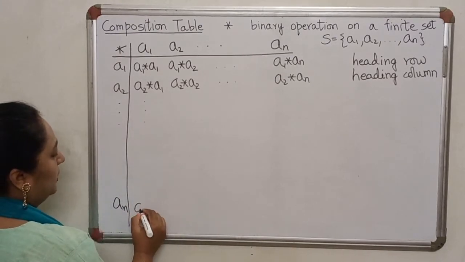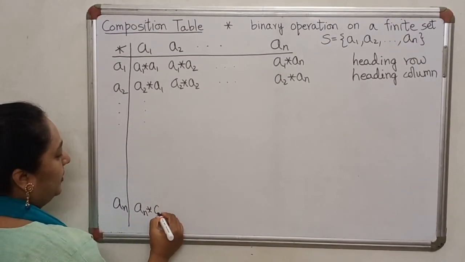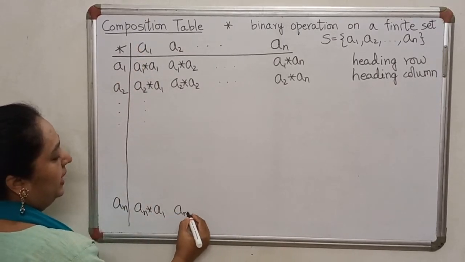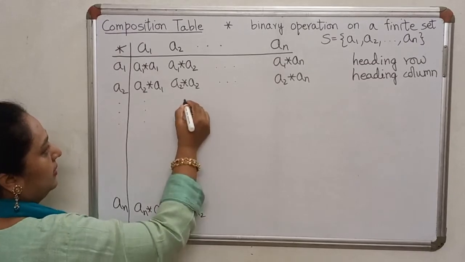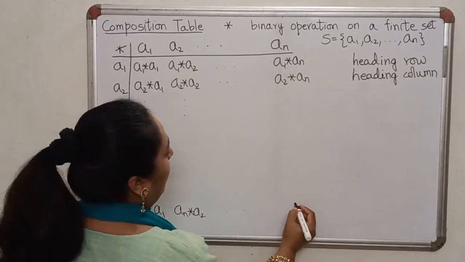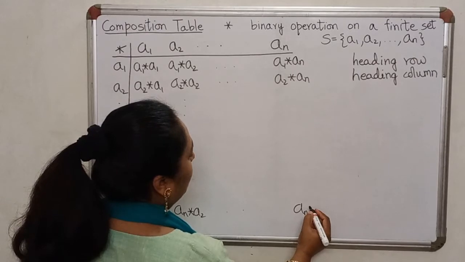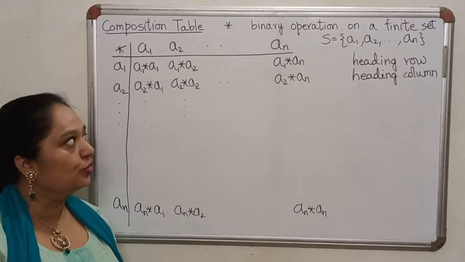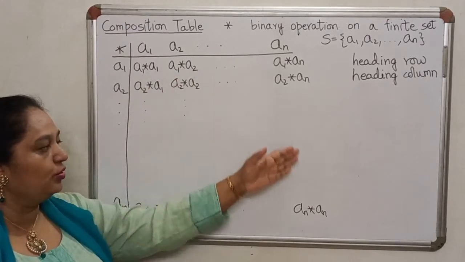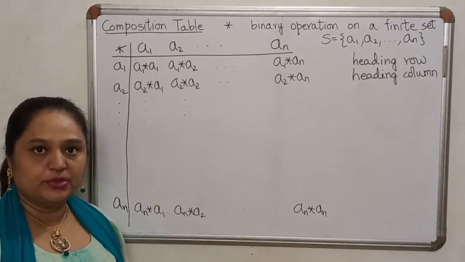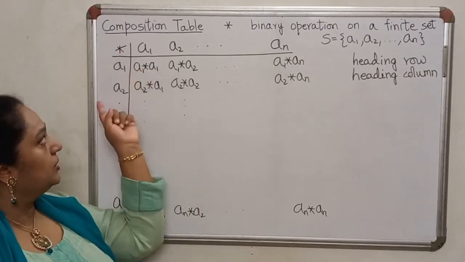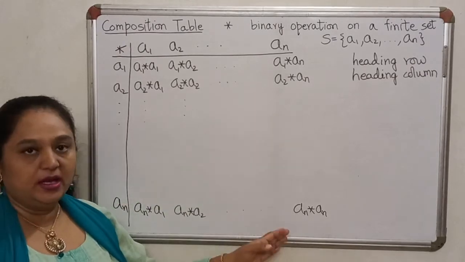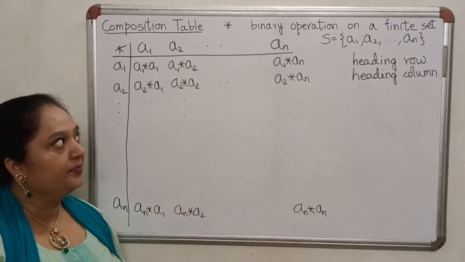Likewise, if we go to the last row, it will be AN star A1, then the next element will be AN star A2, and the last element, in the last row, last column, will be AN star AN. So that should give you an idea as to how to fill up the entries in the composition table. For the given operation, you compute these pairs and then write out the elements in each cell.